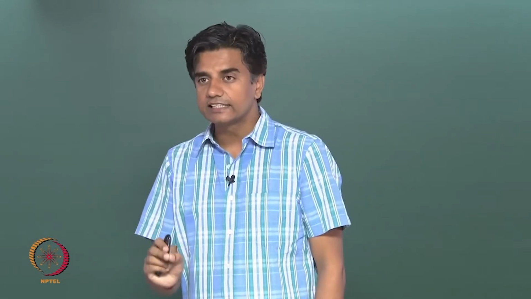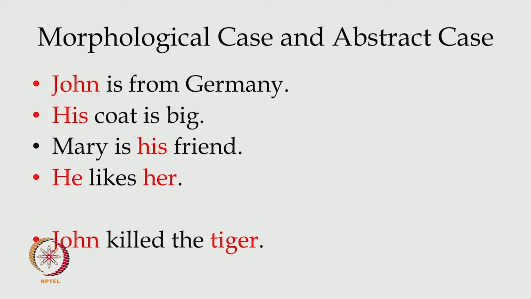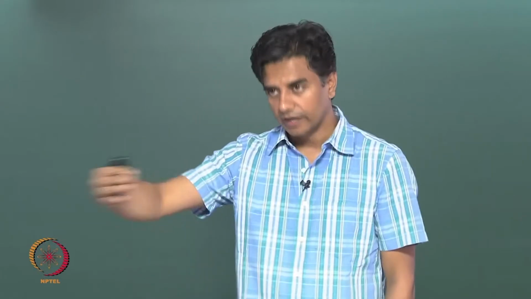So John gets a nominative case in the subject position, and how, I am going to show you in a minute, just let's take it for a moment. The tiger gets objective case because it's an object, or there is another name for the same thing, which is accusative case. Objective or accusative case because it's in the object position.